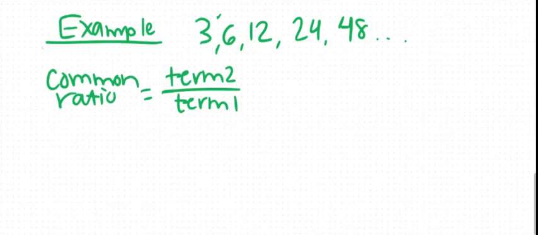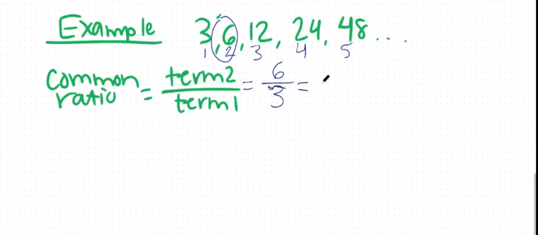Well, if I number my terms, term 2 is 6. So I'm going to take 6 over term 1, which is 3. 6 divided by 3 is 2. So that is my common ratio value.